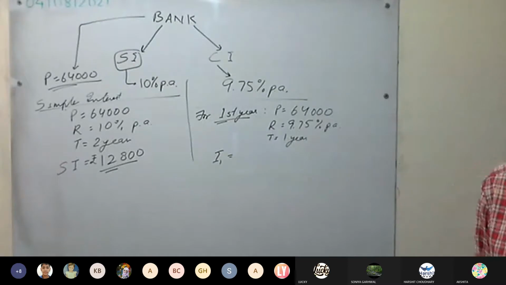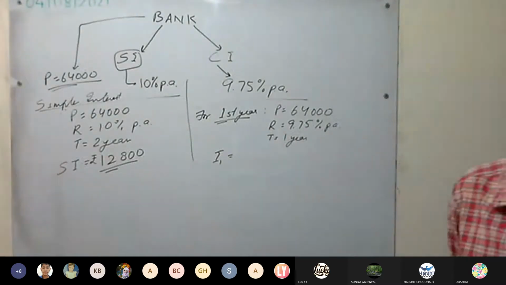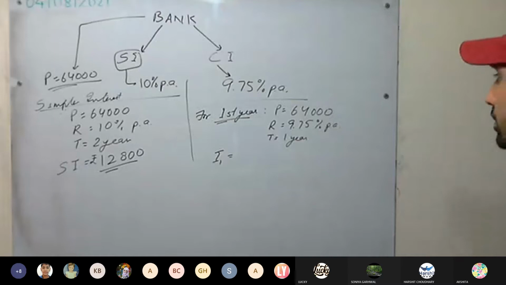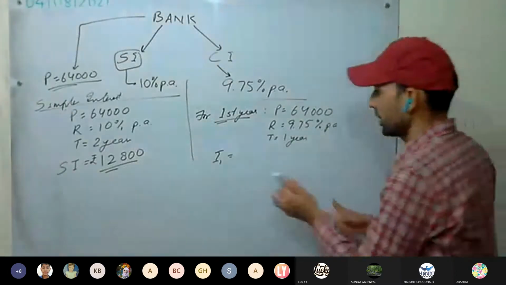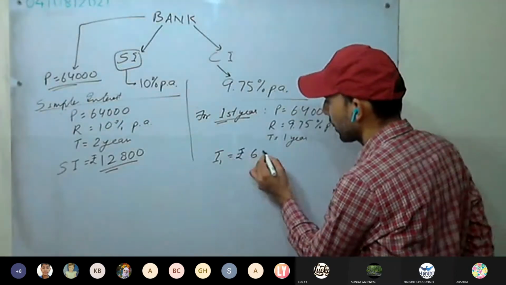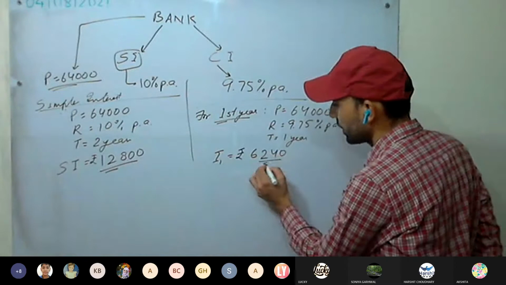How much is it coming? Calculate and tell me. 6,240 rupees. This is for the first year.